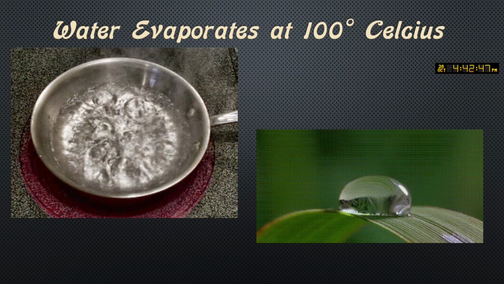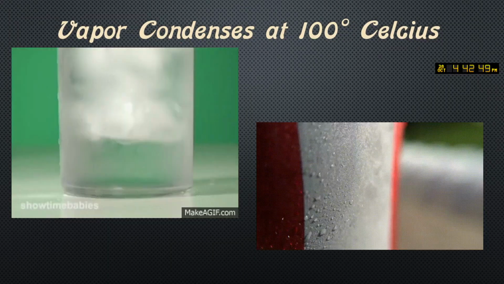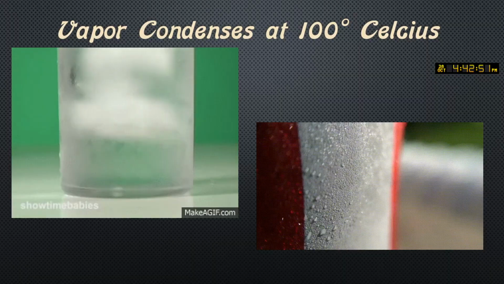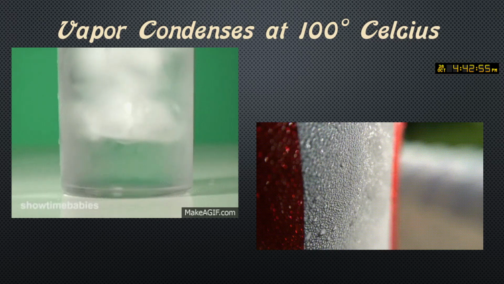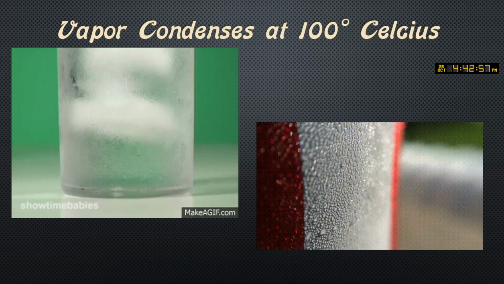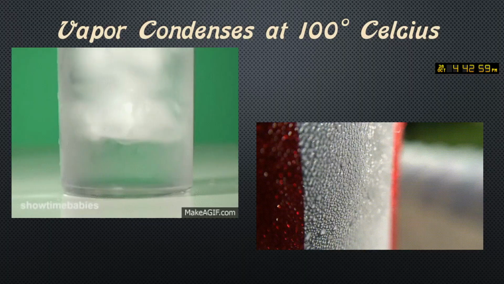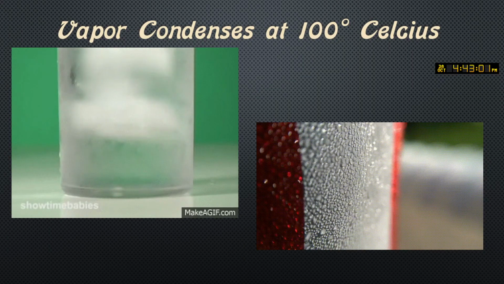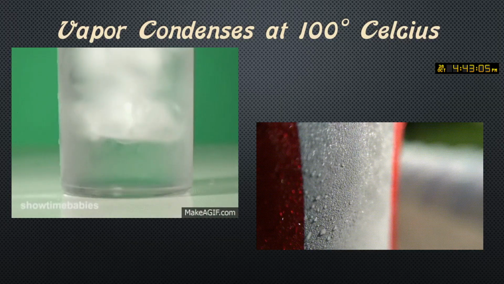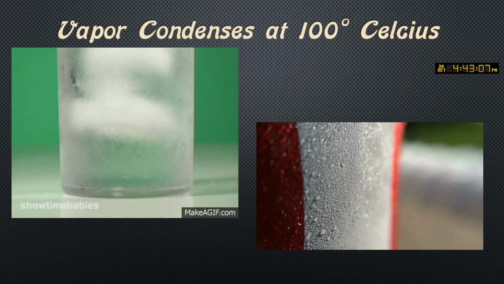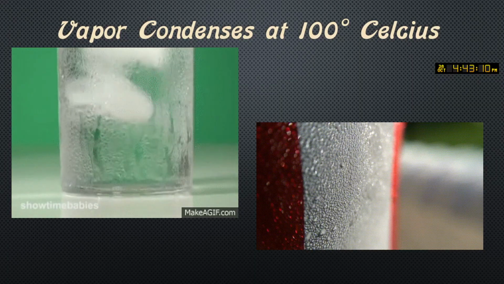Of course, I don't think they call rain condensation, but if you ever take something out of the refrigerator, there's a lot of water vapor in the air. Once it touches the cold glass or the cold can, you'll see water droplets being formed on the outside of the container.